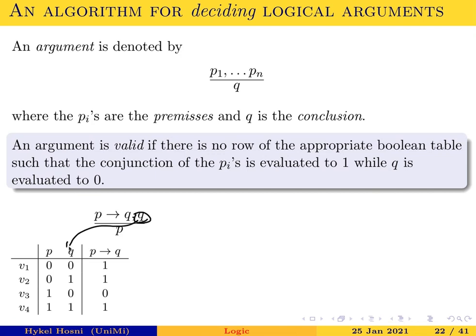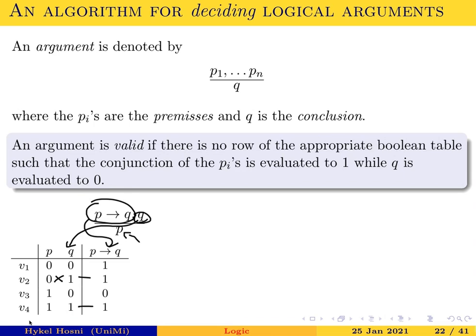You check every line which gives 1 to both premises, and it must also give 1 to P. So this one does the job, but this one doesn't, and that is the counterexample.